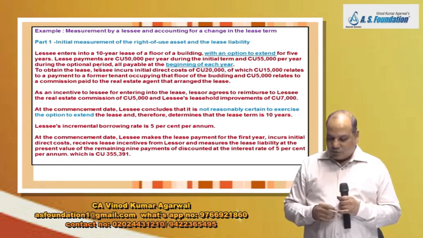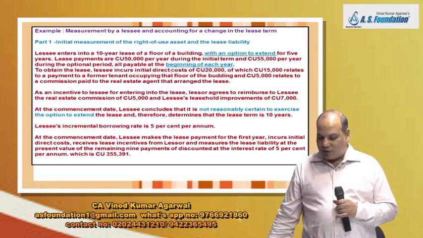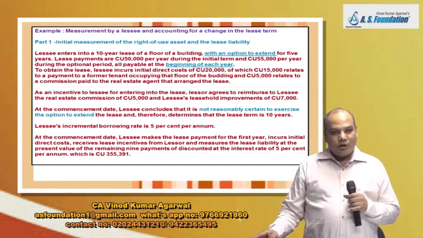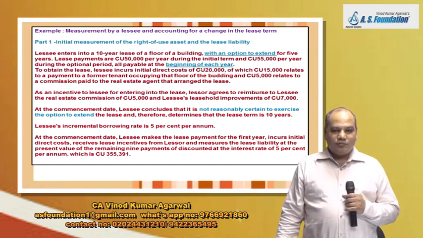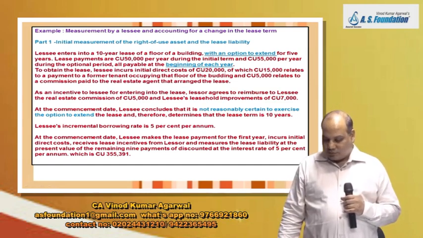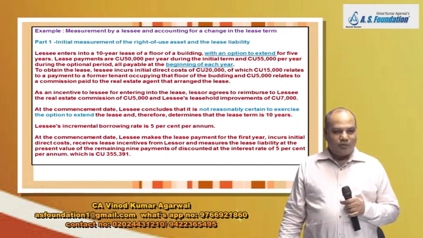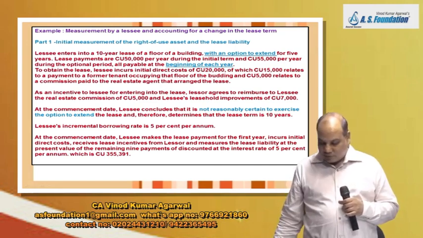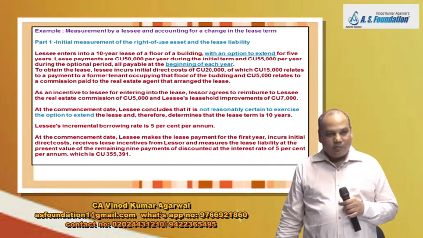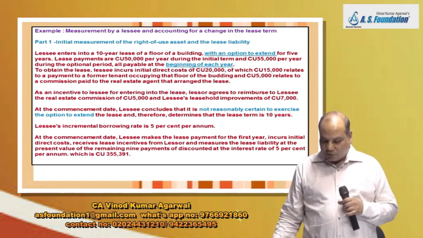To make your life a little miserable, all payable at the beginning of each year. Underline beginning of each year, because that interest factor calculation sometimes becomes difficult. So keep in mind, payments will be made at the beginning of each year.